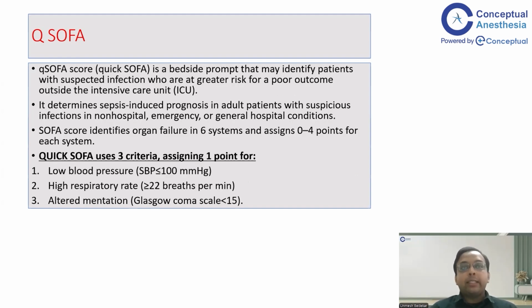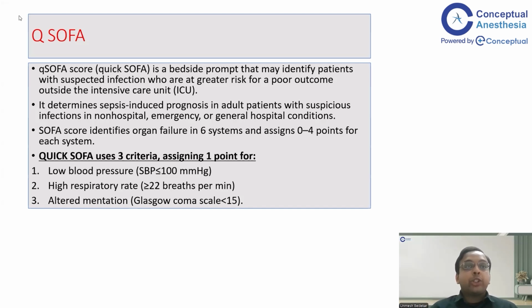So quick SOFA is a bedside prompt method that may identify patients with suspected infection who are at a greater risk of poor outcome outside the intensive care unit. It determines sepsis-induced prognosis in adult patients with suspected infections in non-hospital emergency or general hospital conditions.